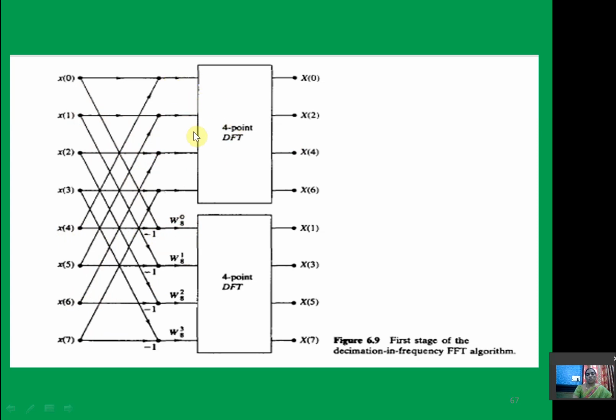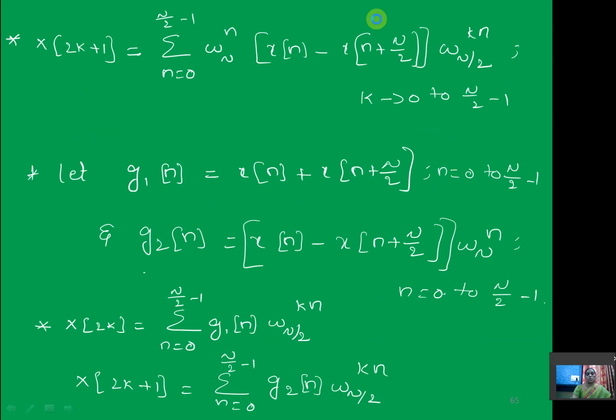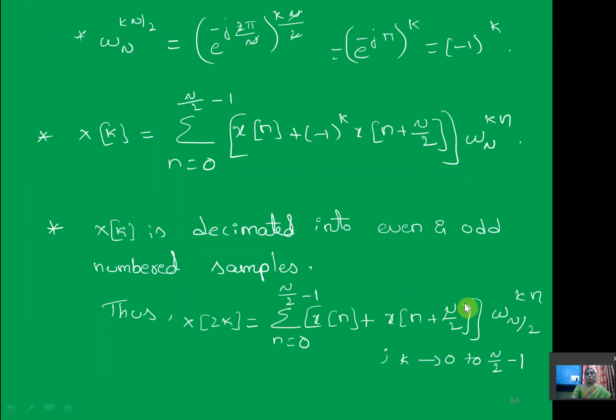This one gives X of 2k, that is the 4-point DFT of the input, in the form of A plus B and A minus B, that means x of n plus x of n plus N by 2.